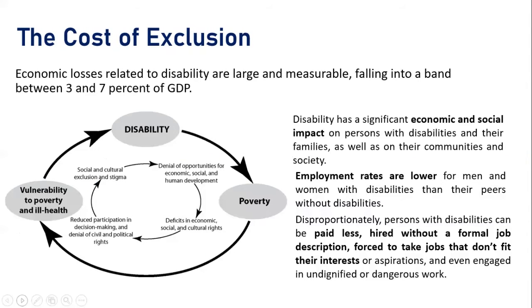Okay, so what does this mean in terms of the cost of exclusion? Well, if we don't cater for persons with disabilities, there's an economic loss to society. And it's been estimated that there's a loss between 3 and 7% of GDP. And what we also look at is that there's a cycle that takes place where disability leads to poverty and poverty leads to disability.